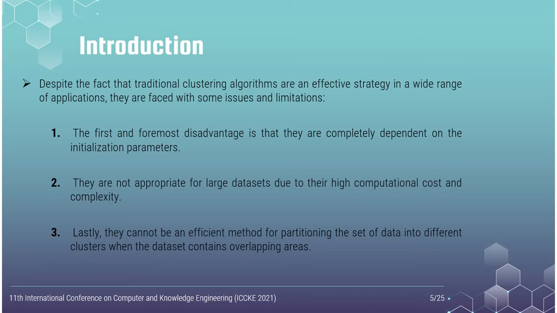The second is that they are not appropriate for large data sets because they have a high computational cost and are complex algorithms. And finally, they cannot be an efficient method for clustering a set of data into different clusters when our data set contains an overlapping area. Or to put it another way, it means the data points or data objects of our data set are so close to each other that the data set contains an overlapping area.